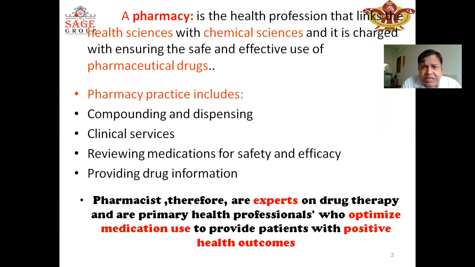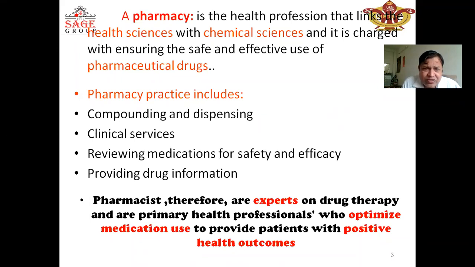Pharmacy is the health profession that links the health sciences and chemical sciences. Here it is a link between the physician, drug and patient. The pharmacist, or community pharmacy, is a link between the health sciences and chemical sciences.